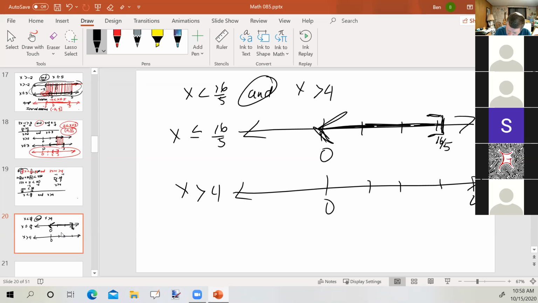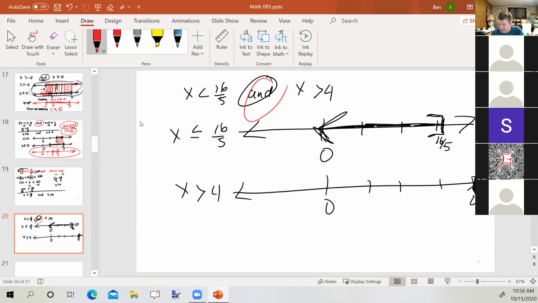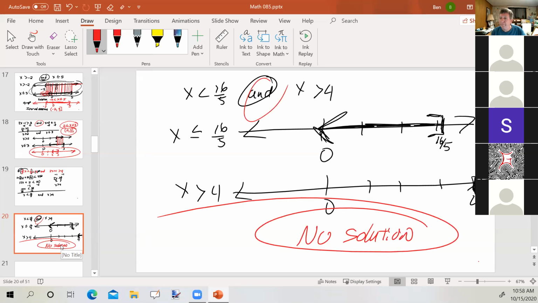So 4 is over here, and it says x is greater than. So I've got parentheses and an arrow going off in that direction. Okay. So intersection, what do they have in common? Nothing. And we're done in terms of that. So those two have nothing in common. All right.